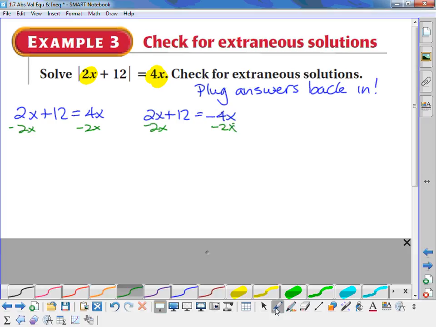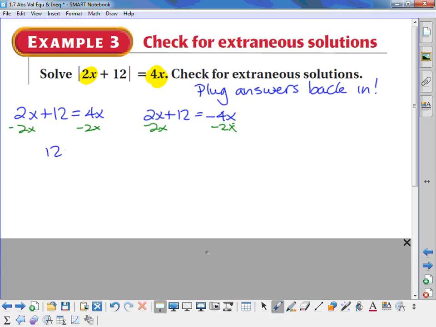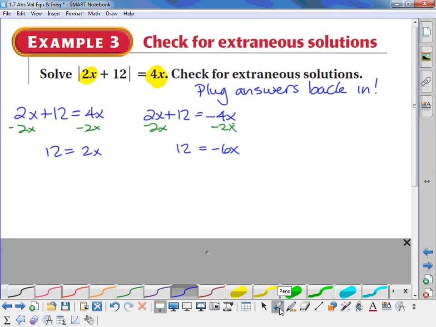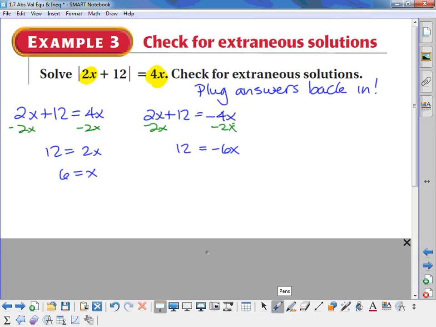And then I get that 12 is equal to 2x. And here I get 12 is equal to negative 6x. So when I divide, I get that x equals 6 or negative 2.